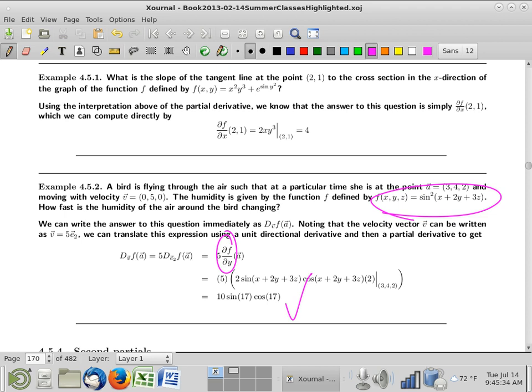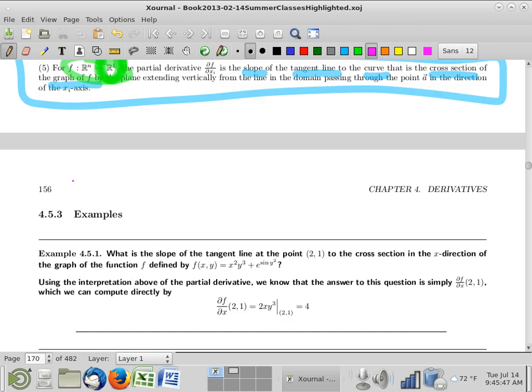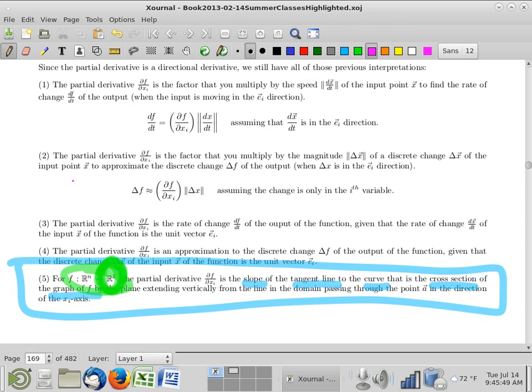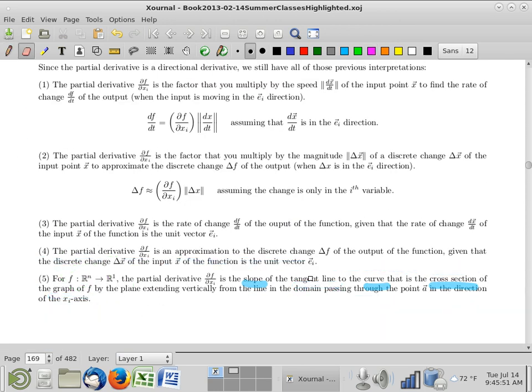Here's a different point of view on the same problem. I could have observed early on that I'm moving in the direction of a standard basis vector with speed 5. And one of my interpretations back here is that the partial derivative is what I multiply by my speed to get the rate of change of the output value of the function.